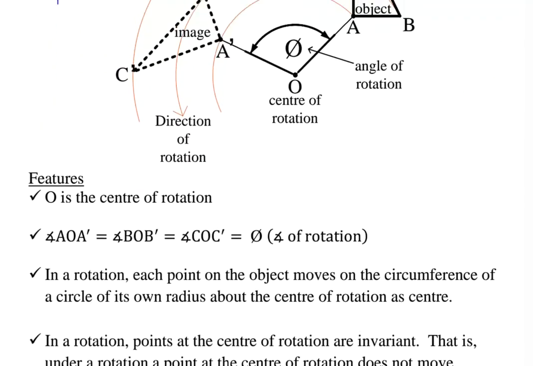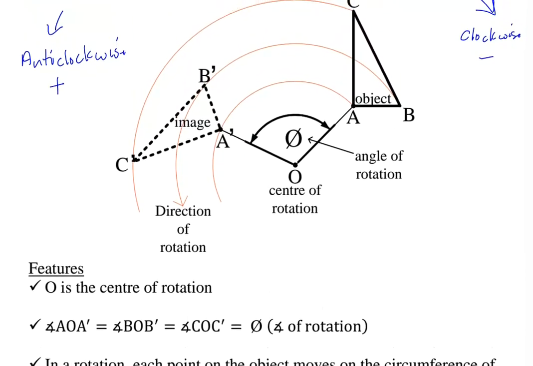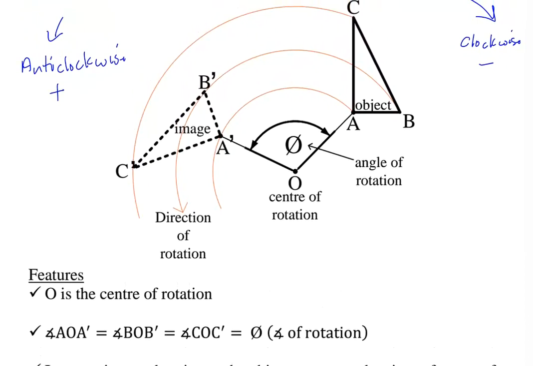All right, some basic features about a rotation. In the diagram, we can see that O is the center of rotation and that angle AOA prime, this angle here, is the angle of rotation.